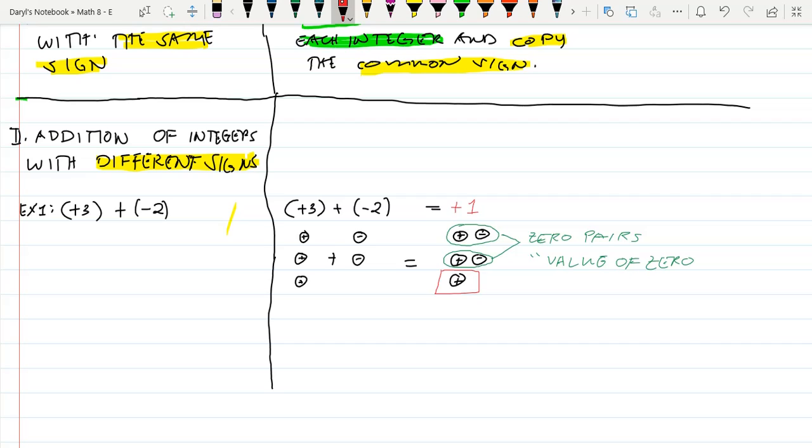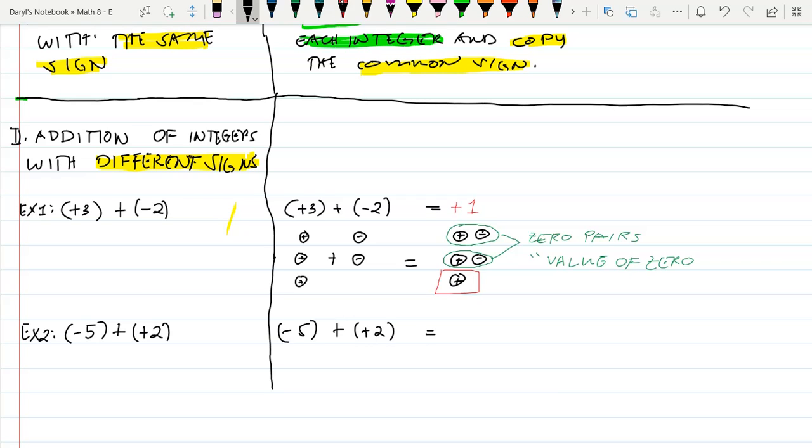So let's take another example. Example 2: you have negative 5 added with positive 2.